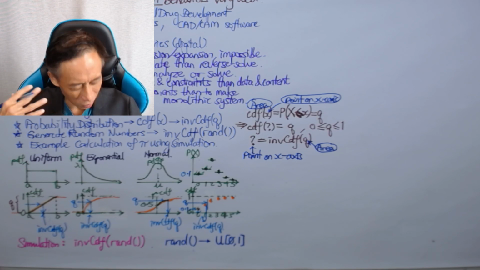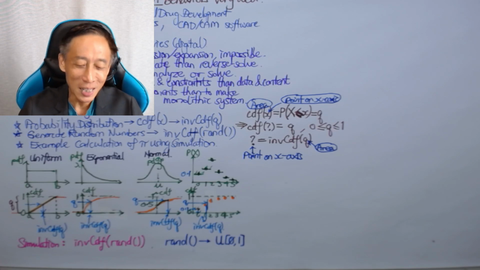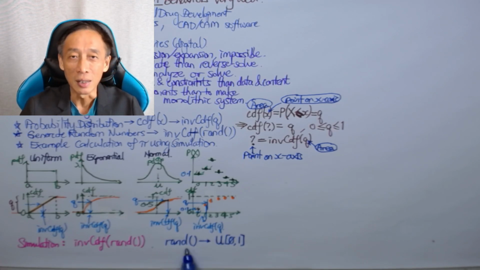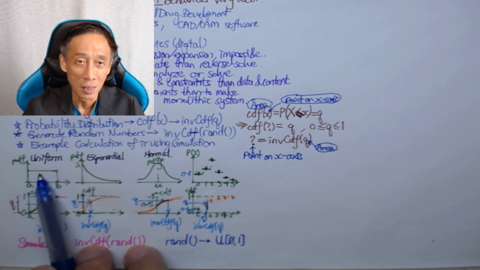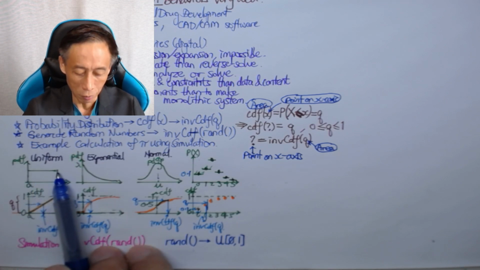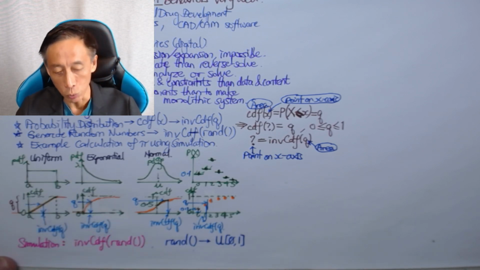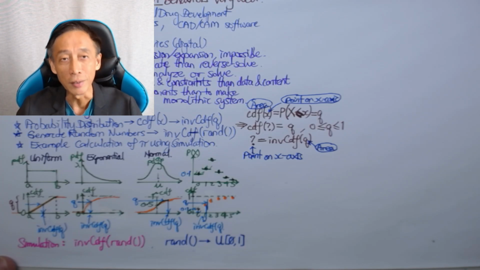So this truly random is very random. It means that if you run rand 100 million times and you plot the histogram, it will be a perfect, smooth rectangle, uniformly distributed between 0 and 1.